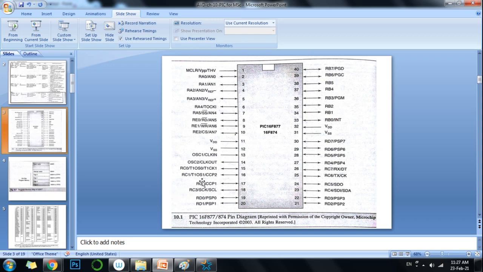Okay, so you can see that the 2 bits are provided here. Here you can connect a crystal externally.